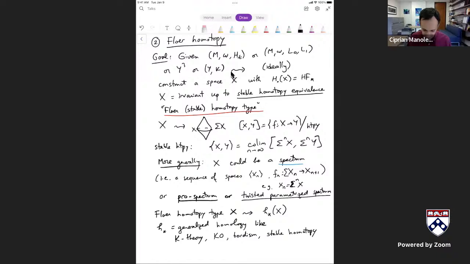And these are theories that satisfy excision and Mayer-Vietoris and all that, but they take different values on the point. And they can contain more info than just the ordinary homology of X, which is Floer homology. Okay, so that is what we want.